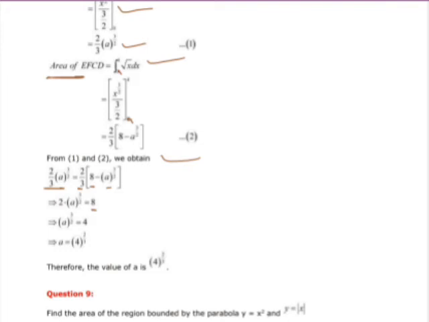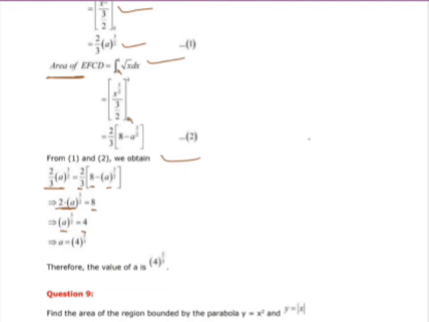So here 2 a to the power of 3 by 2, they have written. So a to the power of 3 by 2 into 4, when 2 comes to the RHS, it becomes divided by. So a equals 4 to the power of 2 by 3, right? The power changes when it goes to the RHS.